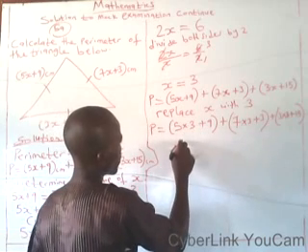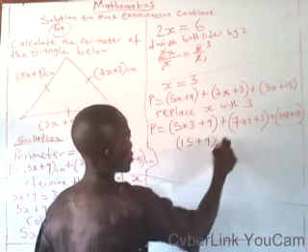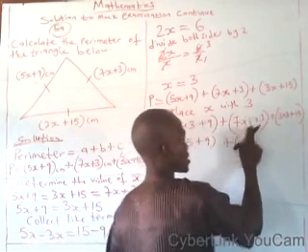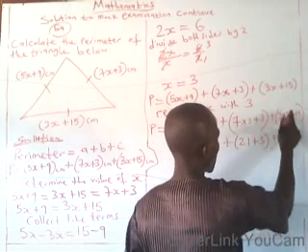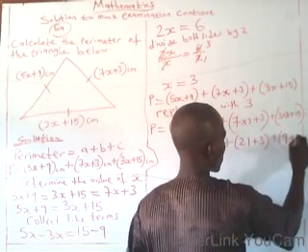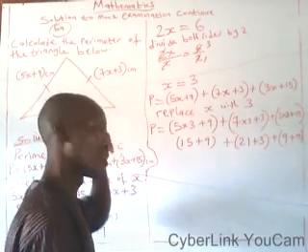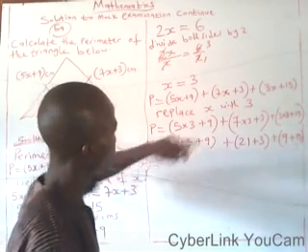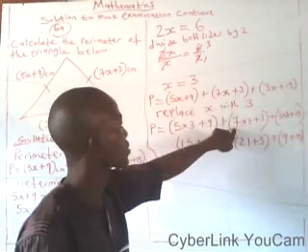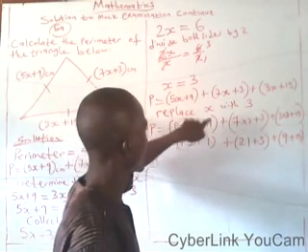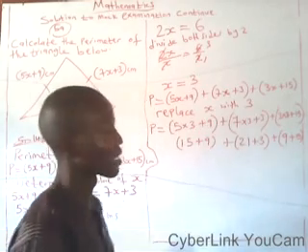This is going to give us 15 plus 9, plus 7 times 3 will give us 21 plus 3. 3 times 3 will give us 9 plus 15. I know the question that some of you will ask is, why not say 3 plus 3 and then multiply it by 7? Or why not say 3 plus 9 and multiply it by 5? Why are you saying 5 times 3 plus 9?